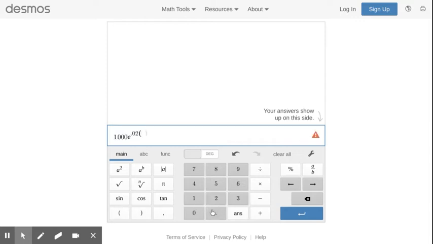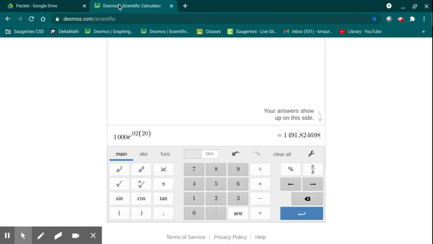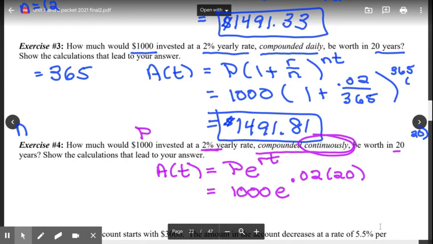Okay. There we go. And you see we have $1,491 and about 82 cents.